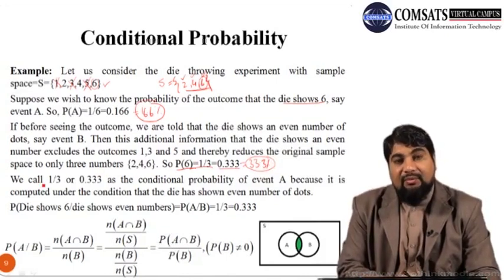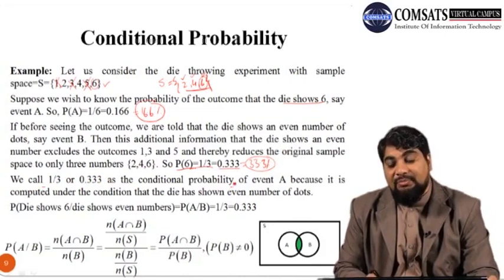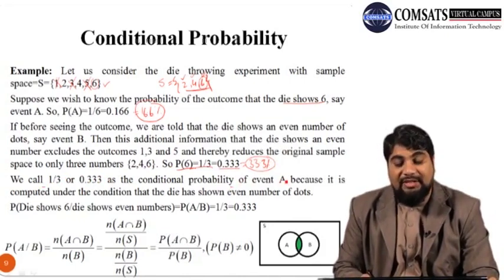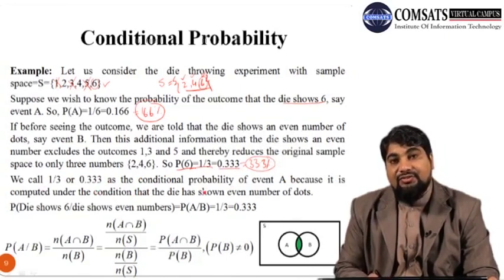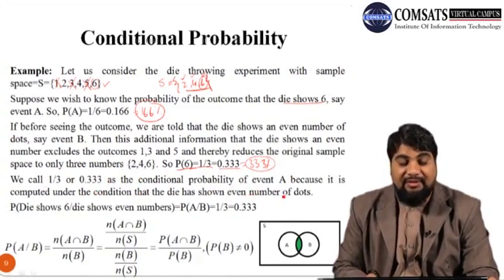So we call 1 by 3 or 0.333 the conditional probability of event A, because it is computed under the condition that the die has shown an even number.